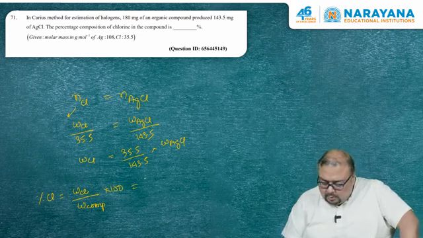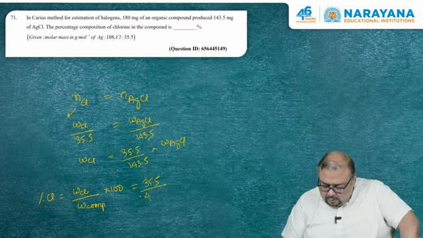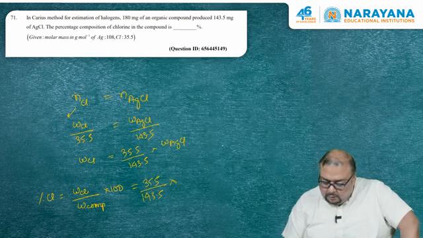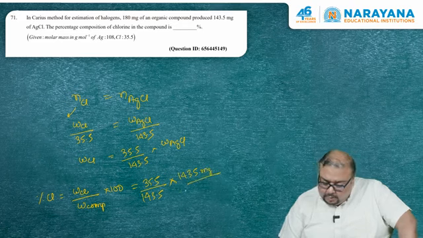So that will be equal to 35.5 by 143.5 into weight of AgCl, which is given to be 143.5 mg, by weight of compound, which is given to be 180 mg. So mg units will cancel out, into 100.